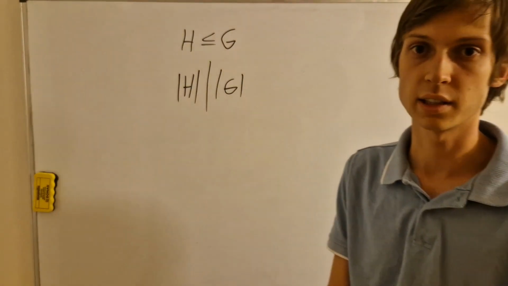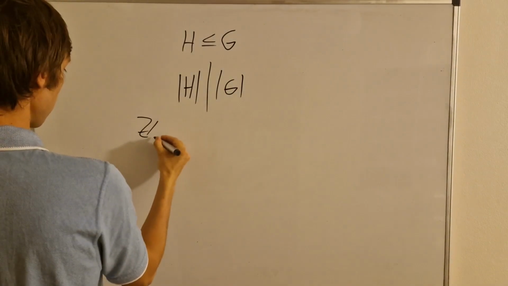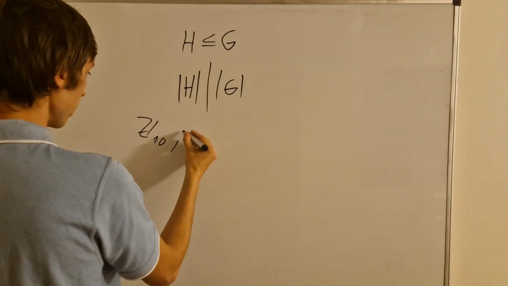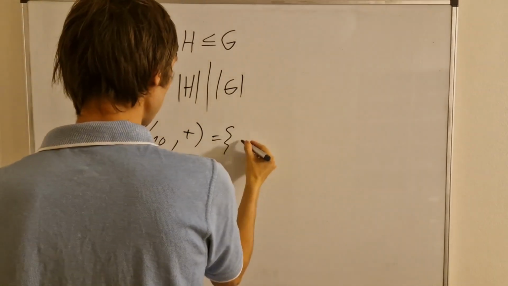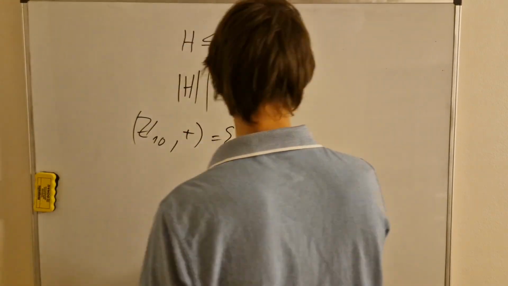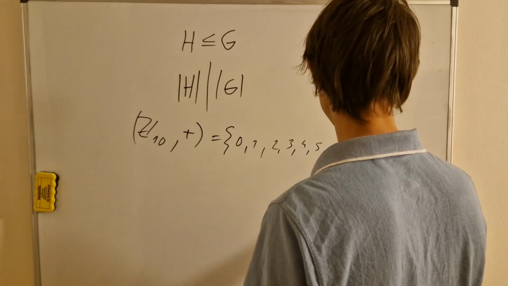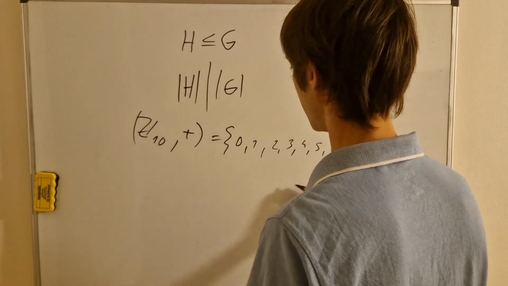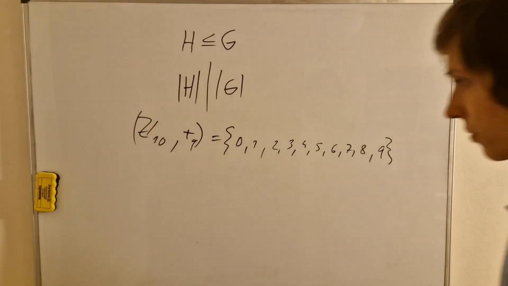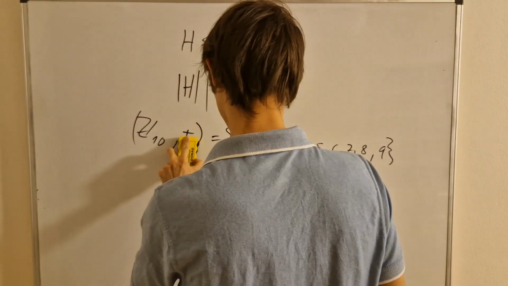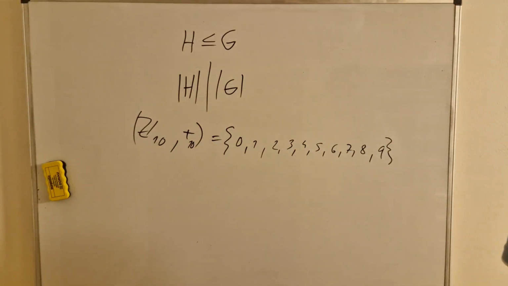Alright, so now let's think about an example. An example could be Z sub 10 with addition, which is a group of 10 elements, namely the integers 0 through 9, with plus sub 10 meaning addition modulo 10.